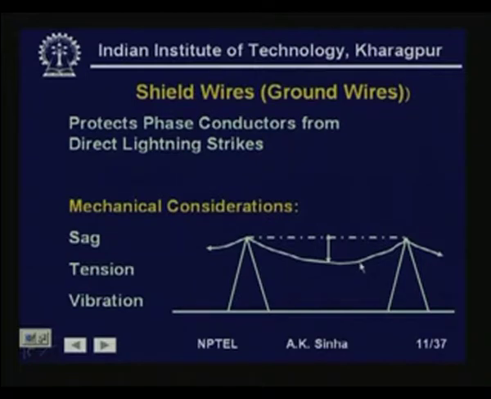Also, when these transmission conductors are subjected to cross airflow, they vibrate, and because of this vibration, one has to see that the minimum distance between the two phase conductors is always maintained, and this governs the spacing between the conductors. Like for a 400 kV line, the spacing between two phase conductors must be of the order of 10 meters or so.